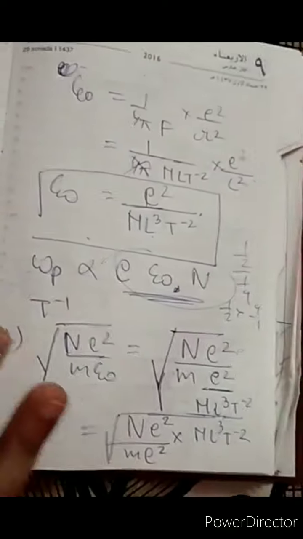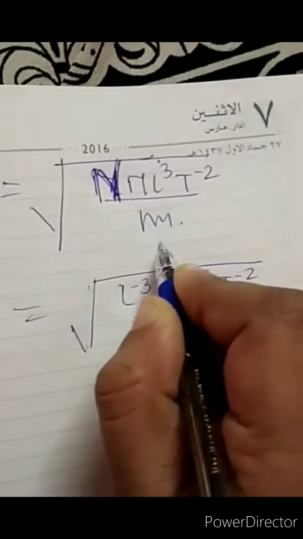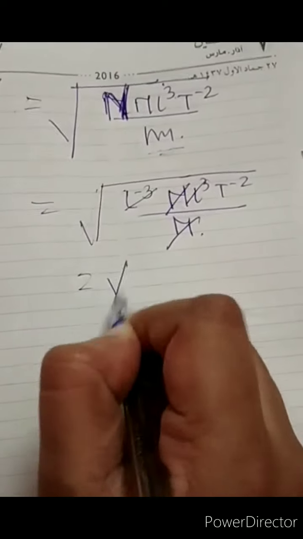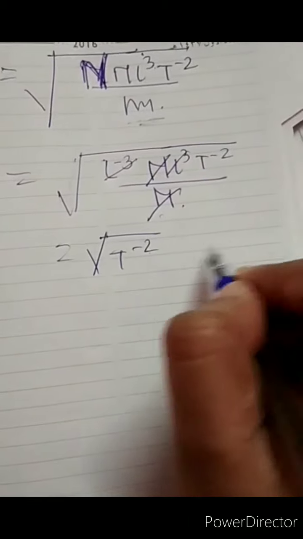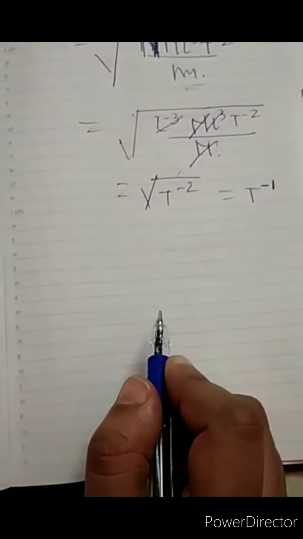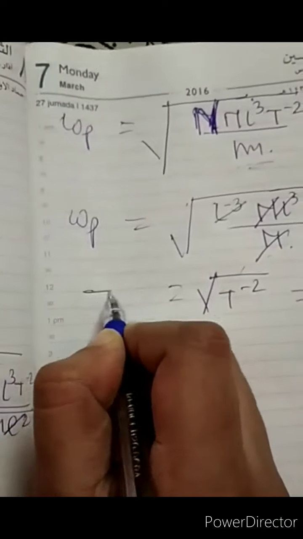Remember, n is L to the power minus 3. M L cube t minus 2, this m is the mass. Can I write in MLT form? Capital M and m cancel out, L cube cancels out. You are left with t minus 2, and if you take the square root, it will be minus 1. So here we had omega p, which has dimension of T inverse. So T inverse is equal to T inverse. So of course you don't have to check option D. C is correct.